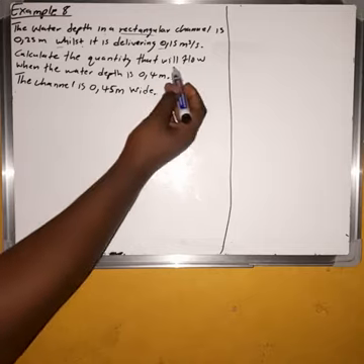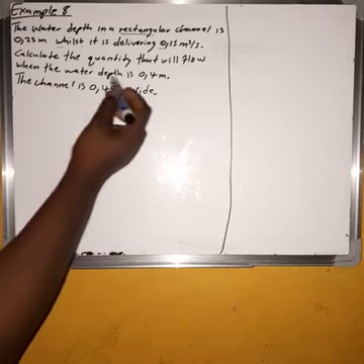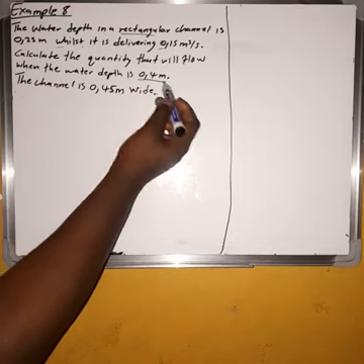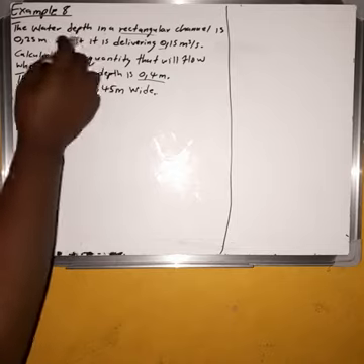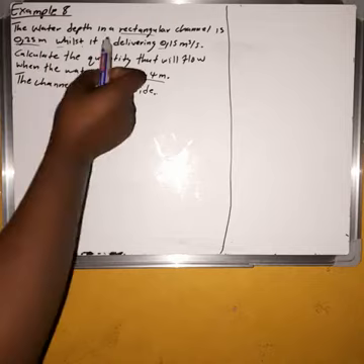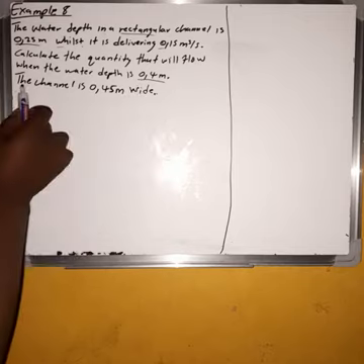Calculate the quantity that will flow when the water depth is, we have two depths here, depth 1 and also another depth.